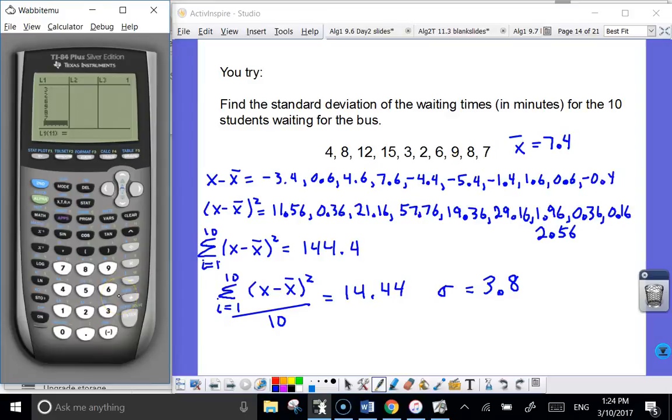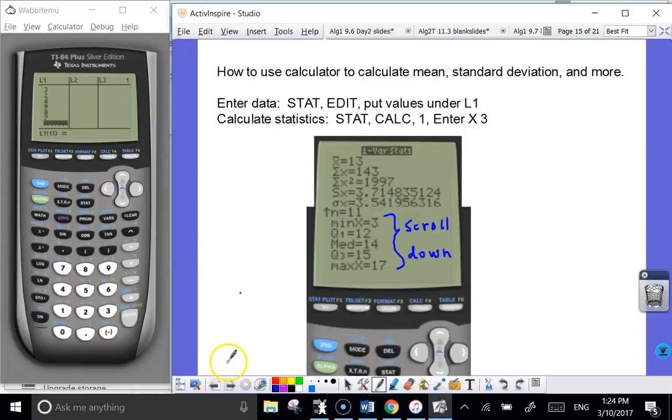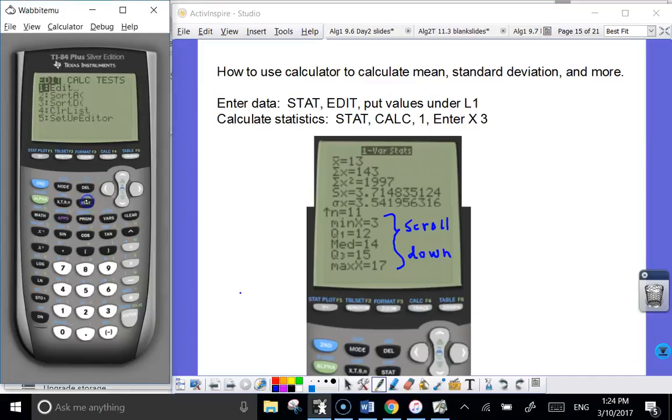That's 10 values, right? So stat edit, put all the values under L1. It's just one list of numbers. Okay, next you do stat calc 1 for one variable stats. And it's drawing the list from L1. Enter, enter, enter.